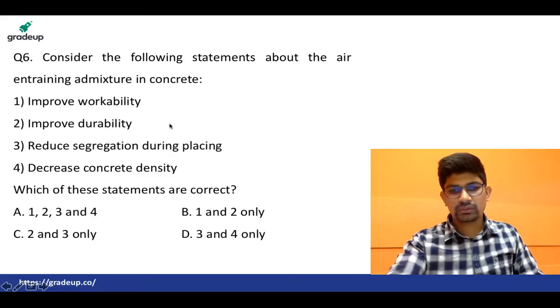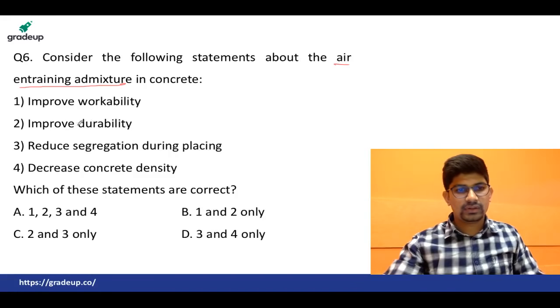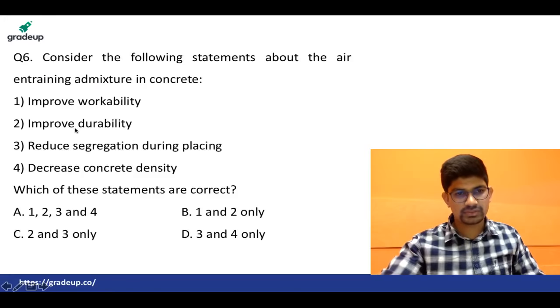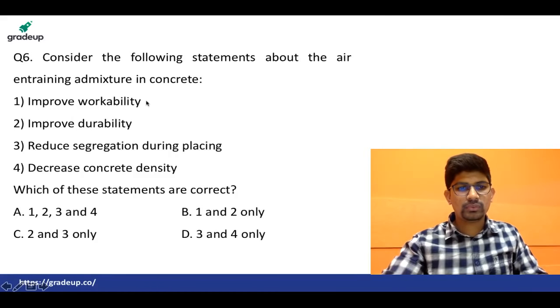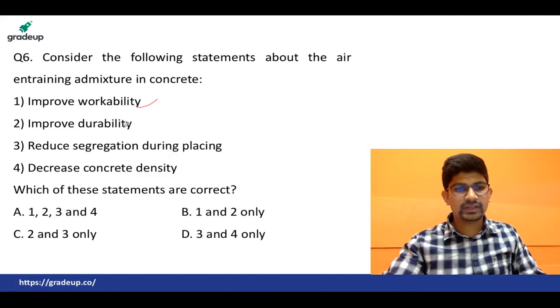Now coming to question number 6, consider the following statements about air entraining admixtures. I think these two are more or less the same questions. So first is improve workability, yes, definitely they improve workability.